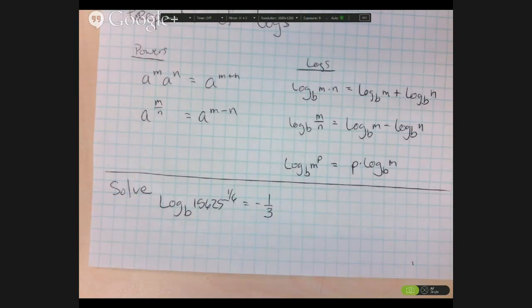Again, no way I'm going to be able to show you every situation. So we're going to use the properties and the definition of a log to solve.